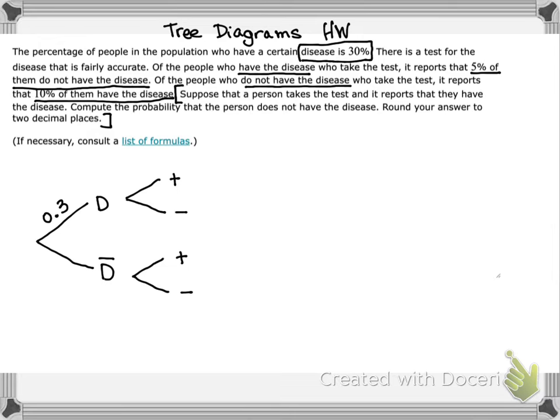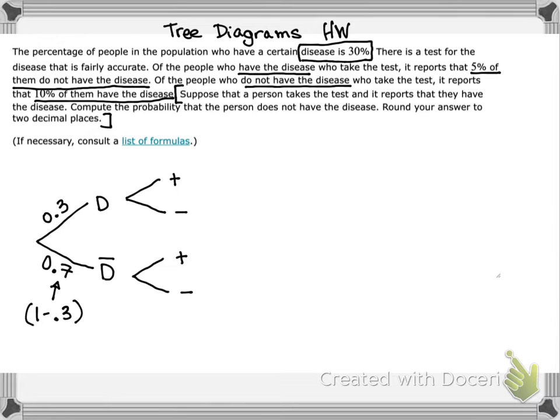If 30% of the population has the disease, then the other 70% of the population does not. I found that by taking 1 and subtracting the 0.3. Each of these branches is complements of one another. Now we must read the second sentence with numbers in it carefully.